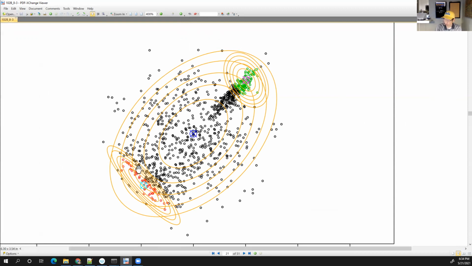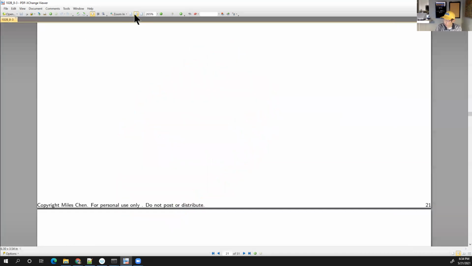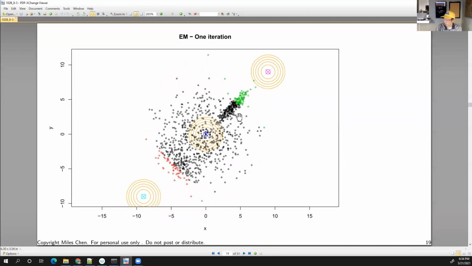Because the central cluster contains so many points, its sigma matrix estimation is going to be huge. And so now we have these three distributions, and based on that, we reassign the points probabilistically to either green, red, or black.